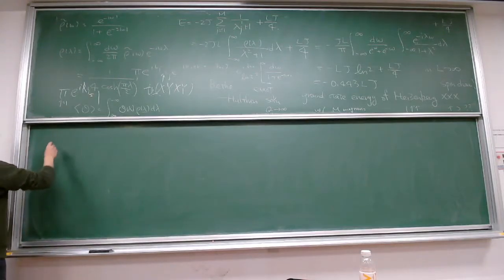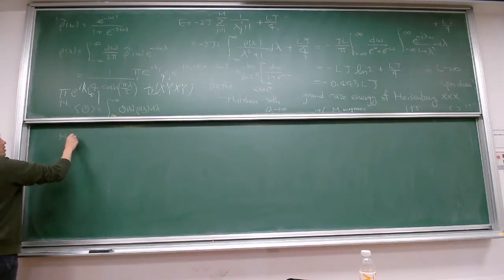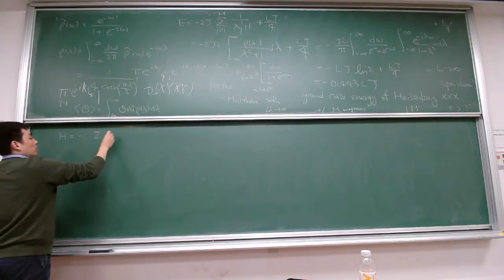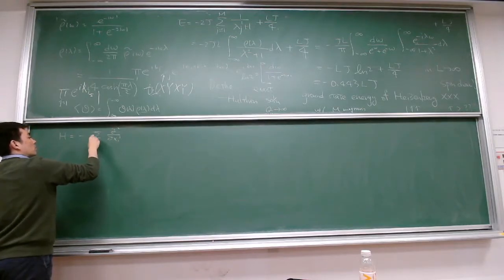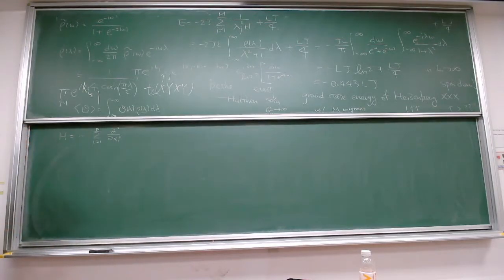So last time, we talked about the Hamiltonian with the delta function potential. Oh, by the way, this is called a quantum many-body system, actually.